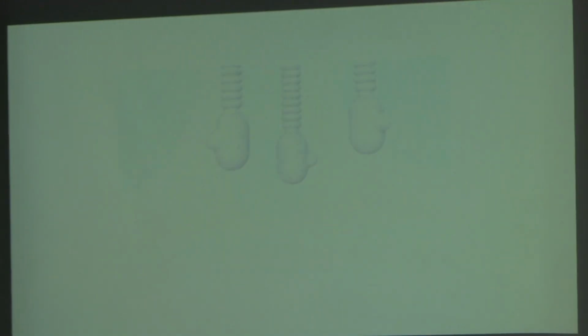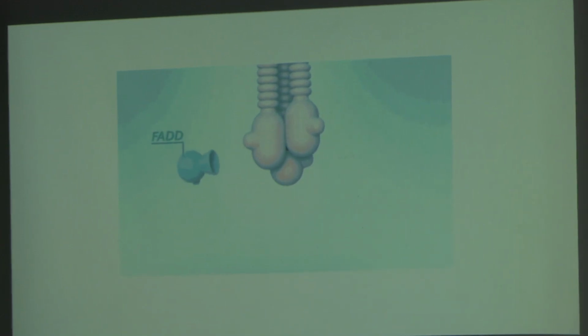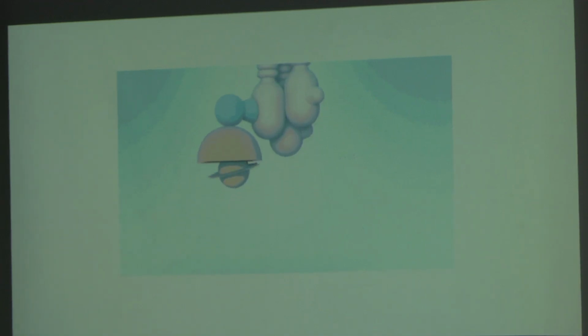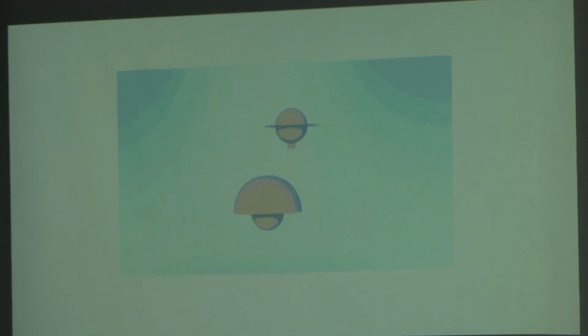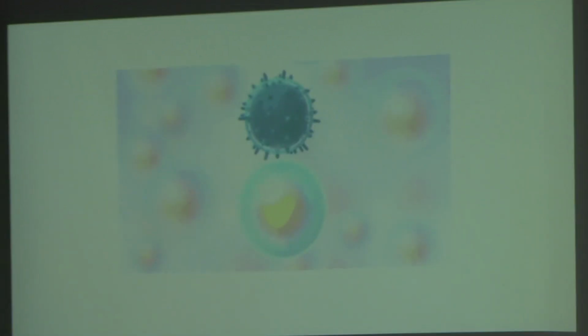Now changes are coming within the cell. What is the substance that initiates apoptosis? What is the main thing? Caspase. So a lot of caspases are produced, and this will lead to the changes.